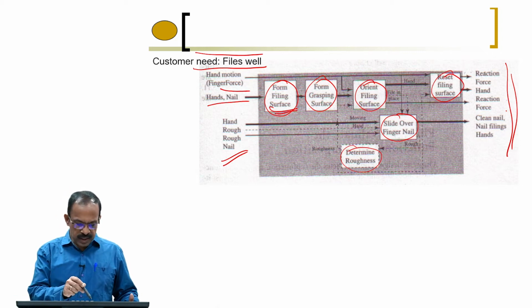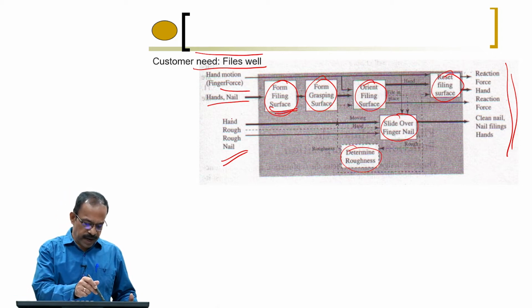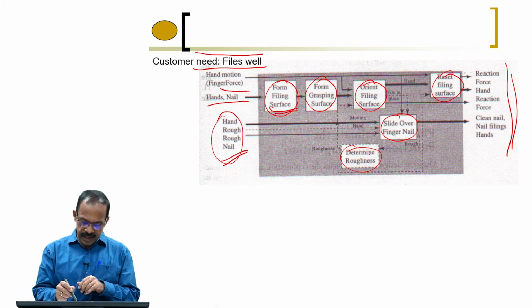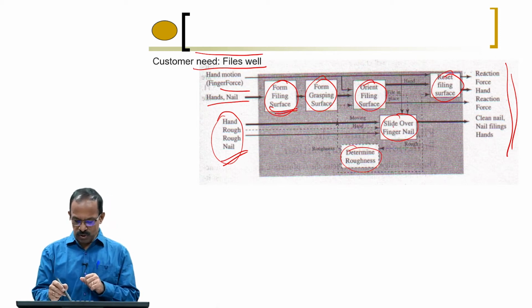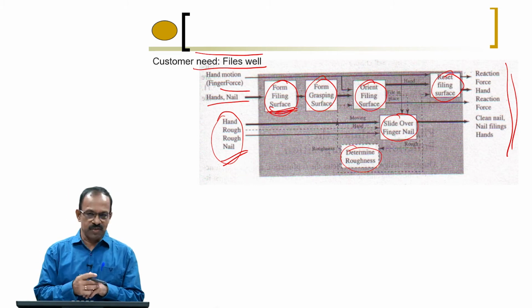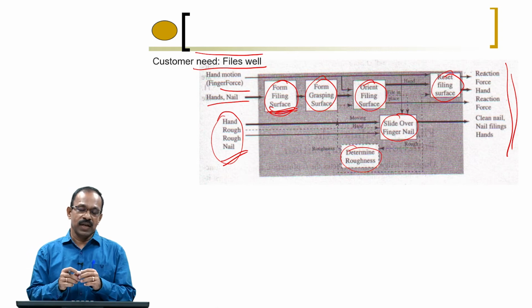So, you can see here the hand is used for sliding over the fingernail, and we take the information whether the roughness is more or less, and depending on that you will decide to stop the motion. And to do that you have to form the filing surface, because the filing surface may not be readily available for use.